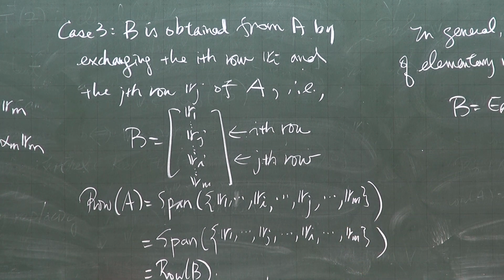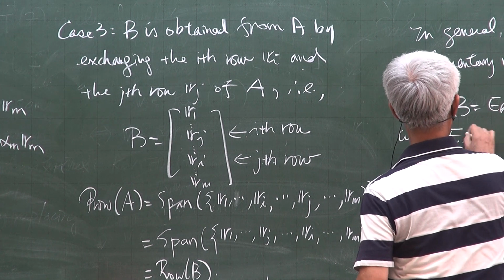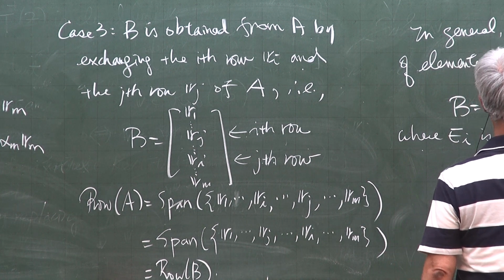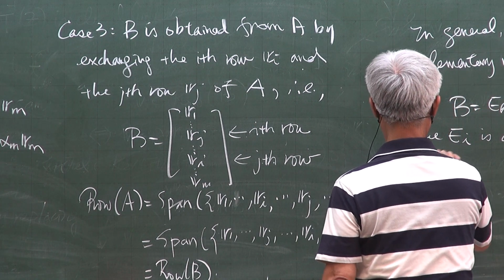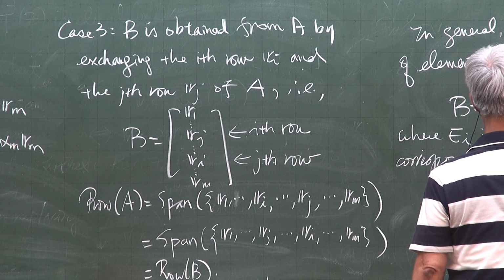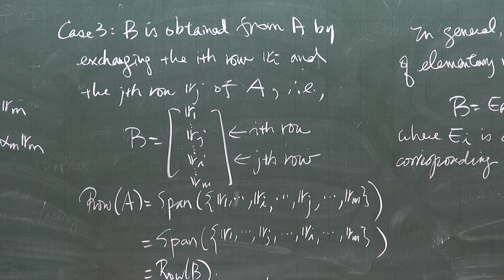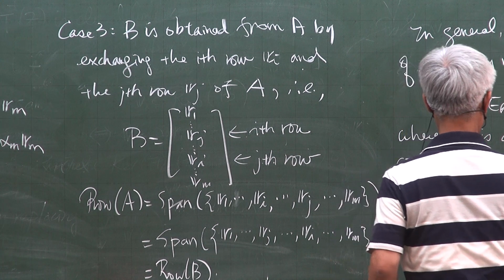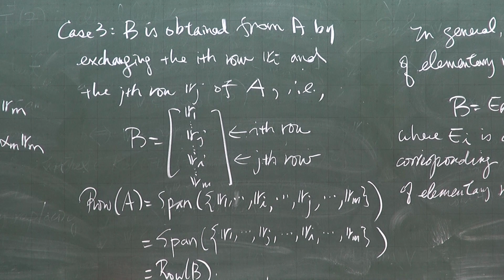So B is obtained from A by applying a sequence of elementary row operations, where each Ei is an elementary matrix corresponding to one of the three types of elementary row operation. Okay, so we have that.